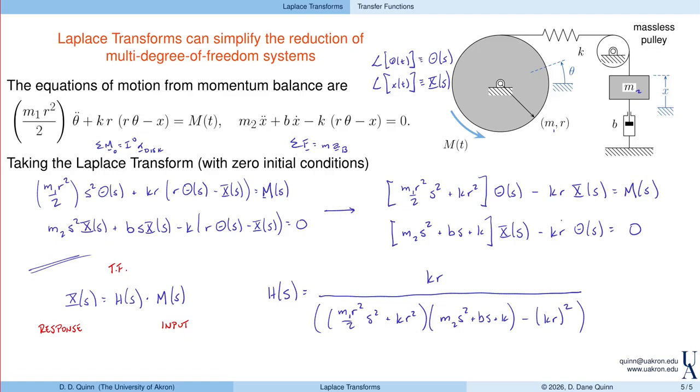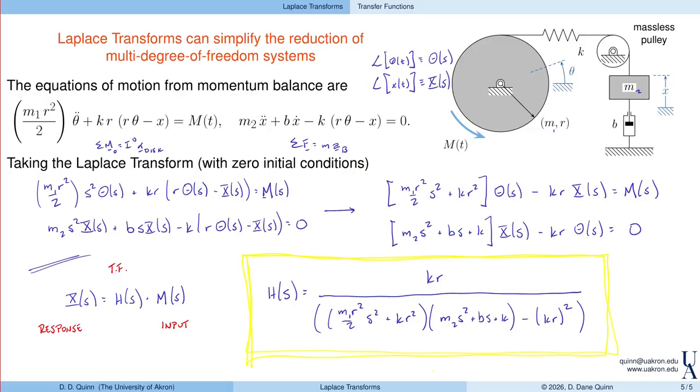If you just solve this second equation for theta, plug it in, and solve for x, this is the result you get. So this transfer function describes the relationship between the applied moment on the disk, which is M of s, and the response of the block, which is described by x of t.